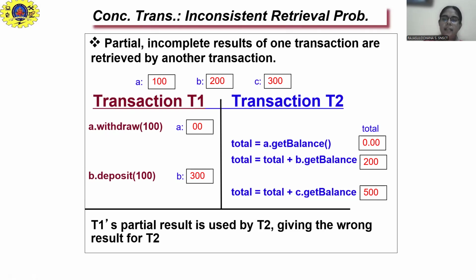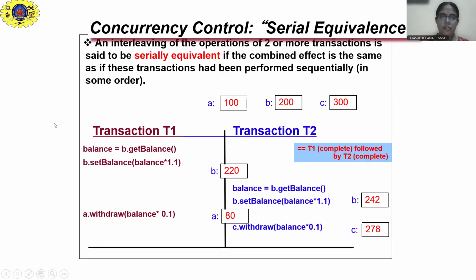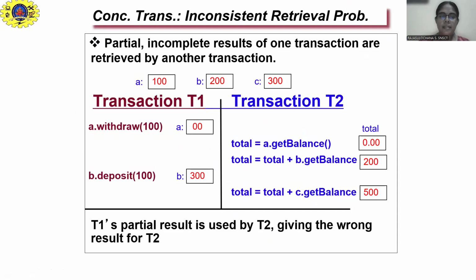Look here, I'll highlight and show you. After T2 reads the balance of B as 200, transaction T1 has deposited 100 rupees in account B, but that is not updated in the total. So T1's result is not reflected in the total done by T2.